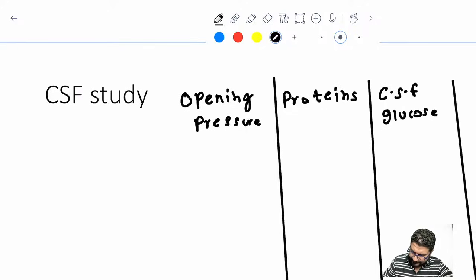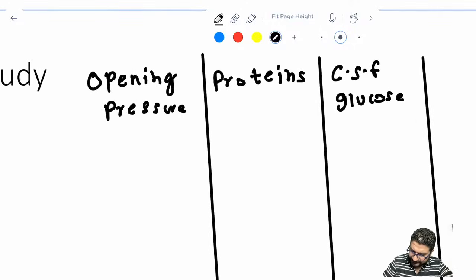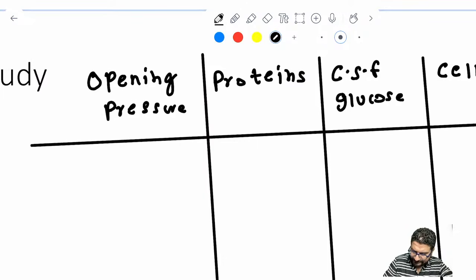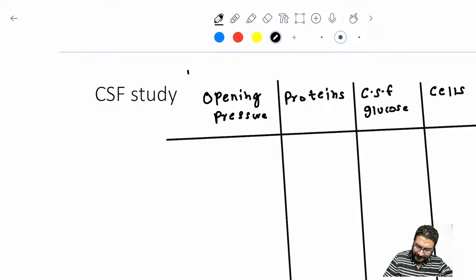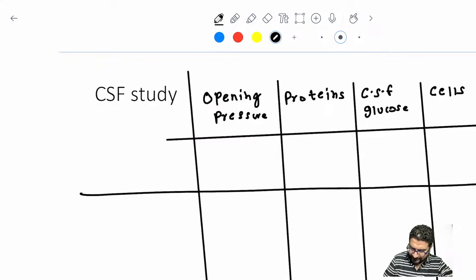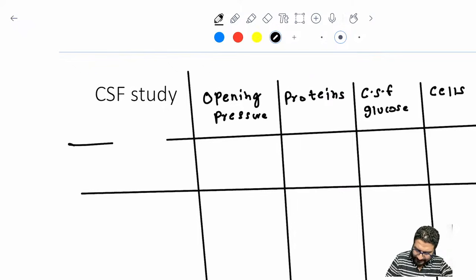And last thing they ask you is you need to see about the cells. Now just try to understand this thing. So we have three types of meningitis which we need to differentiate. First will be pyogenic, also called bacterial meningitis.